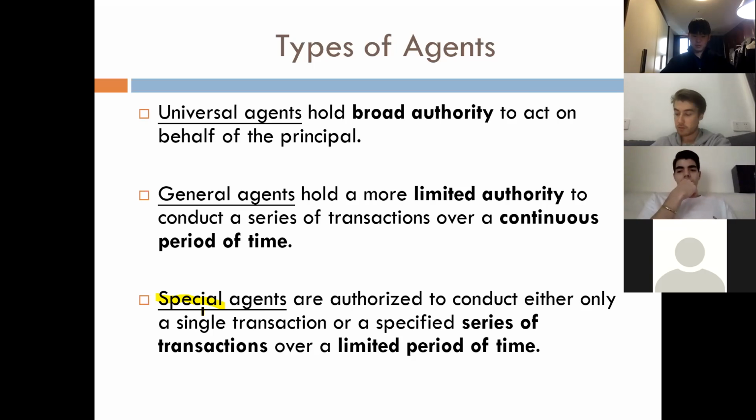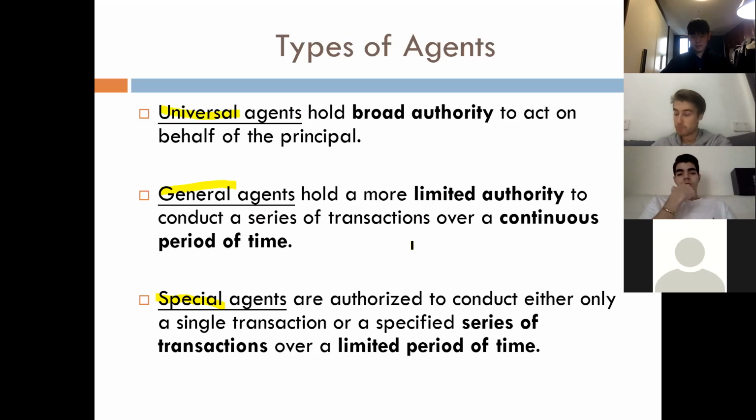But when I said Jody is my senior vice president, he can run the business. Well, that's very general, right? He has some authority. It's limited. He doesn't have any authority over where my daughter goes to school or how I invest my money, but he has limited authority over this business for a continuous period of time.